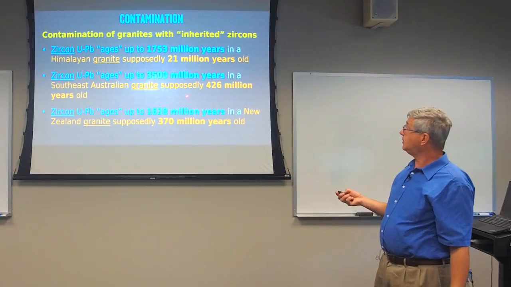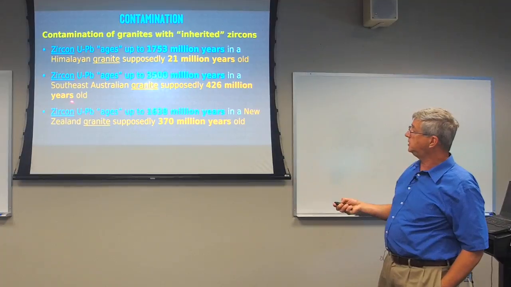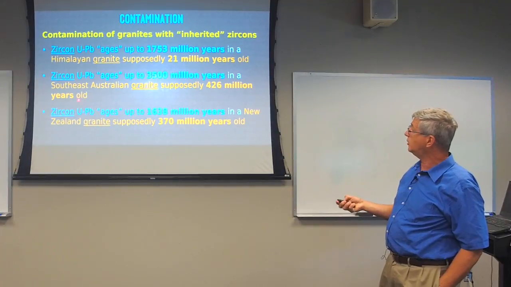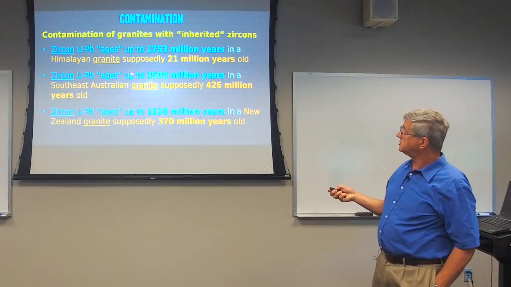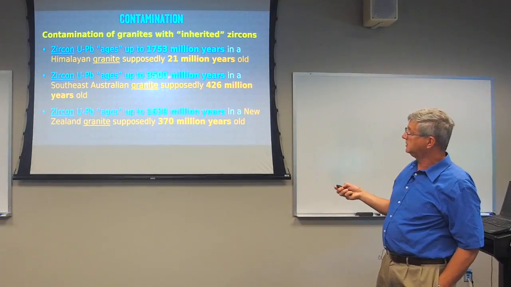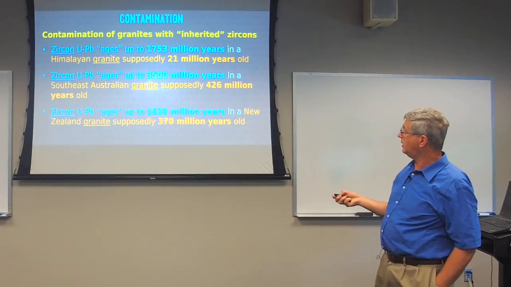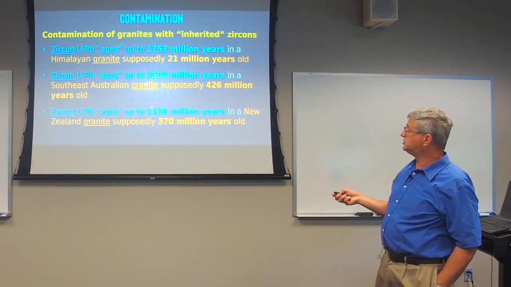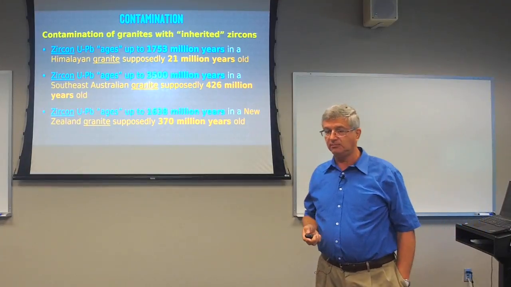Here's another example, a granite in southeastern Australia, supposedly 426 million years old based on rubidium-strontium dating, has zircons within it with ages up to 3.5 billion years. And another example here in New Zealand, a granite supposedly 370 million years old, has zircon ages up to 1638 million years old.